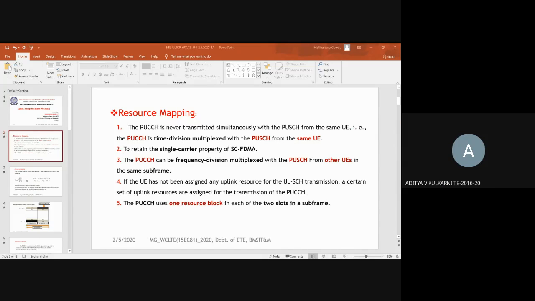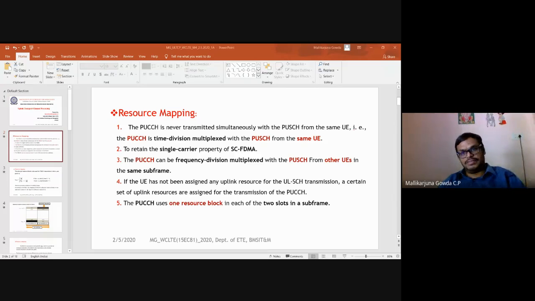Aditya, you could understand what resource mapping is and what the different types of reference signals in the uplink are, and how the reference signal resource mapping is done. I discussed those things. Have you understood what I said? Yes, sir.